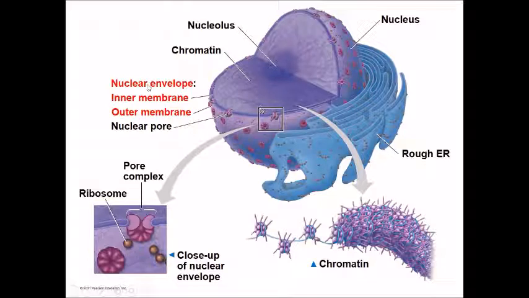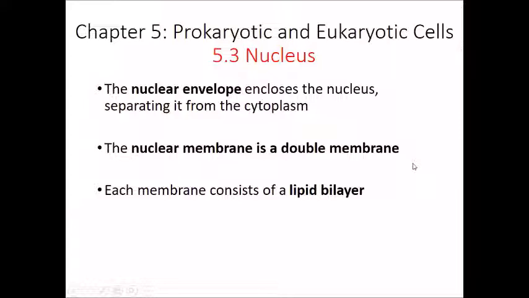Bear in mind that the nuclear envelope is connected with the endoplasmic reticulum, which I will discuss later. The nuclear envelope encloses the nucleus, therefore separating the content inside the nucleus from the cytoplasm, the liquid outside the nucleus.